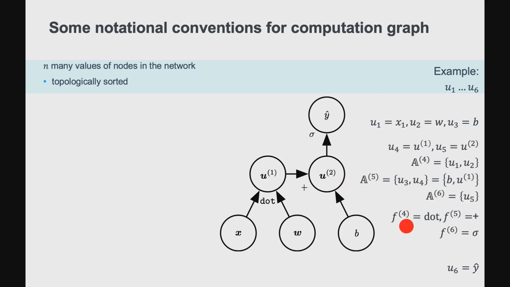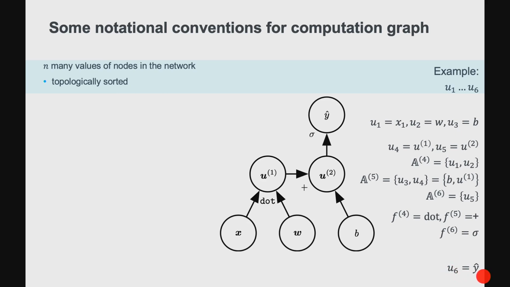And then I have operators at the nodes that have ancestors. So F4, this one here, has as an operator the dot, described here. And F5 has as an operator the plus, described here. And F6, this is the node 6, has this operator sigma, described here.